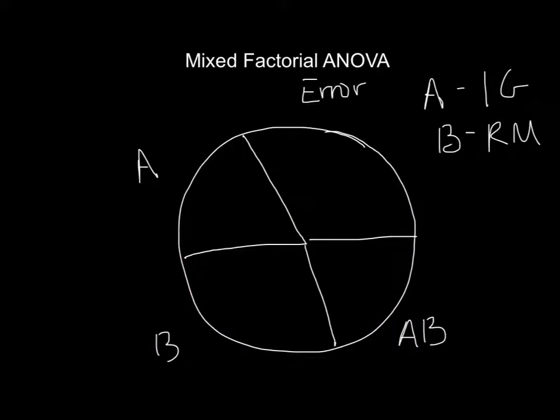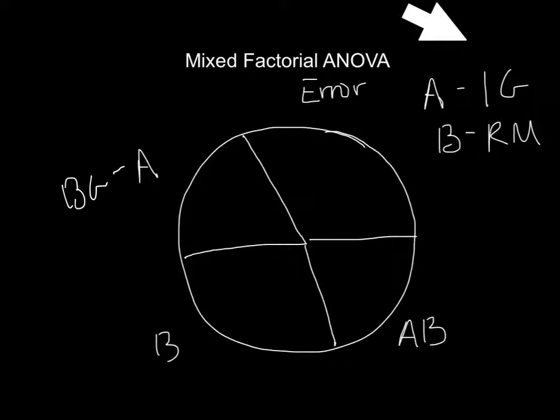Then with mixed designs, it gets a little bit more tricky. In this situation, our A variable is independent groups, and our B variable is repeated measures. The part that's going to be considered between groups is going to be the A variable.